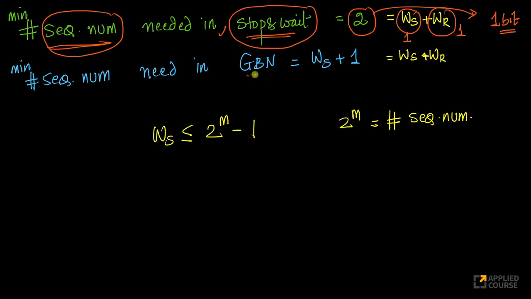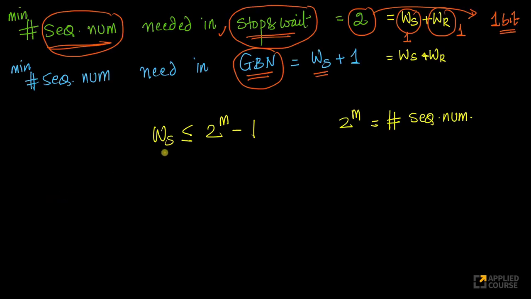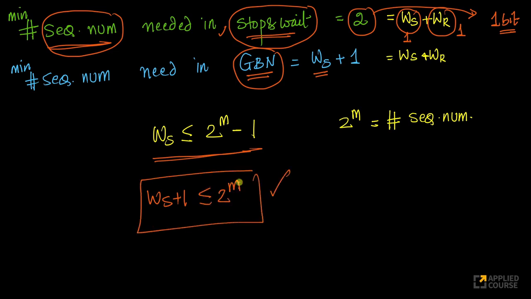Now on the other hand, in Go Back N, if my window size is ws, look at what we have shown. Window size is less than or equal to 2^m minus 1, which means window size plus 1 is less than or equal to 2^m. 2^m is the number of sequence numbers: if I have m bits, I can have 2^m sequence numbers.